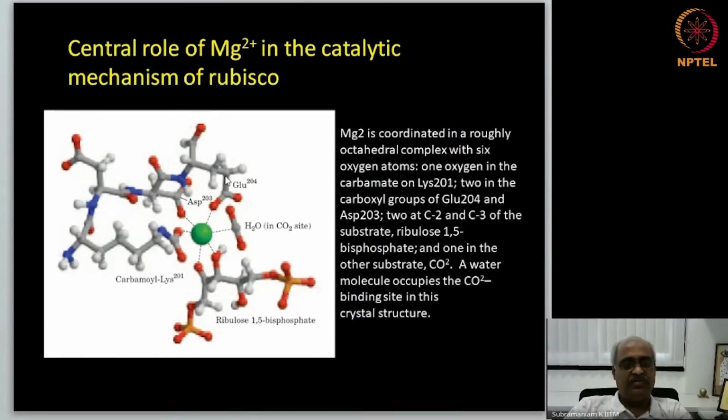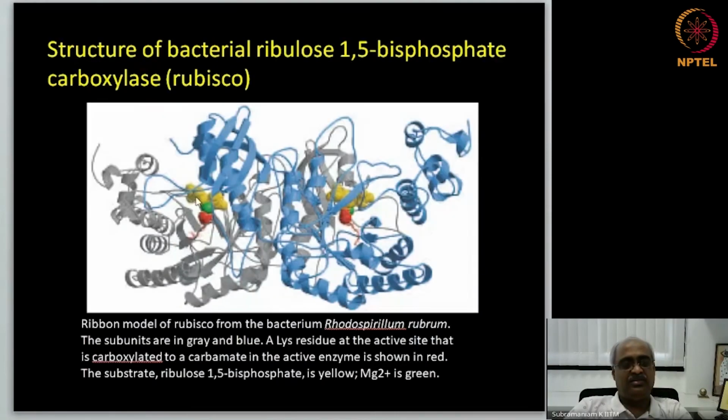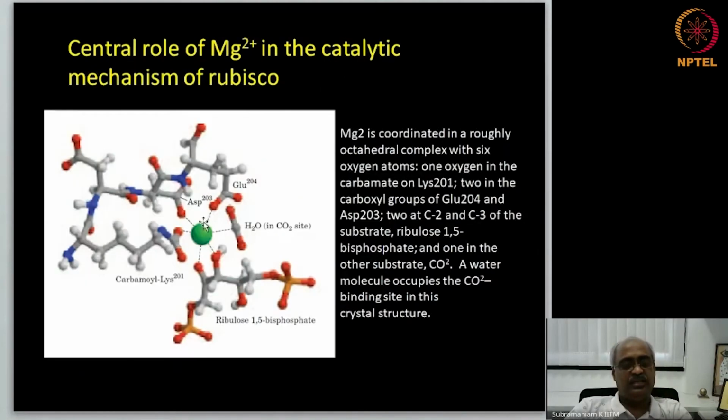And then this is again from the enzyme side chain. You have a glutamic acid and aspartic acid. And this is the carbamoyl lysine, this red one. Okay. So this is an octahedral complex forming 6 coordinations with the side chains and the substrates. Okay, 3 with the side chains and 3 with the substrates. So this is the active site structure of Rubisco.